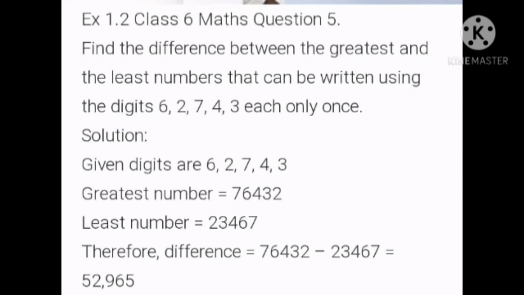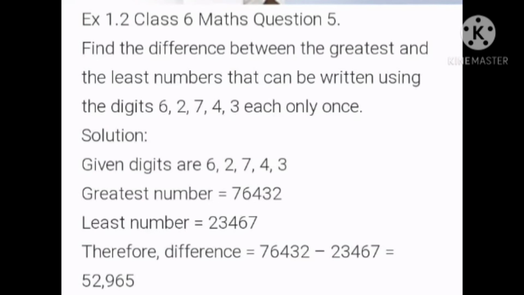The greatest number you can form with these digits is 7, 6, 4, 3, 2. So the greatest number is always written in a decreasing pattern. And which is the least number? 2, 3, 4, 6, 7. So difference is subtraction.